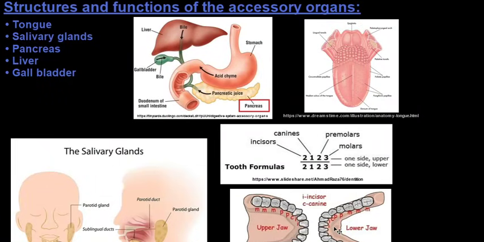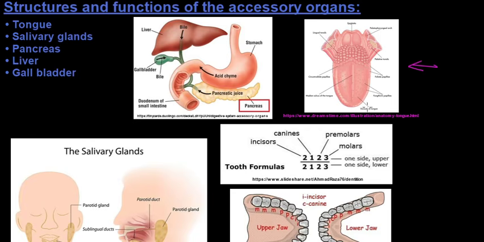Next, we'll move on to the structures and functions of the accessory organs. So this includes the tongue, the salivary glands, the pancreas, and then the gallbladder. Starting off with the tongue, it is a muscular organ, and it also has small projections known as papillae, and they actually contain taste buds.